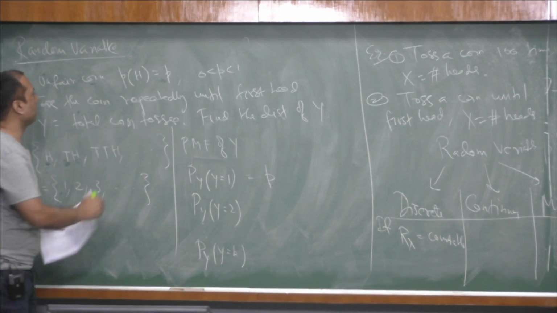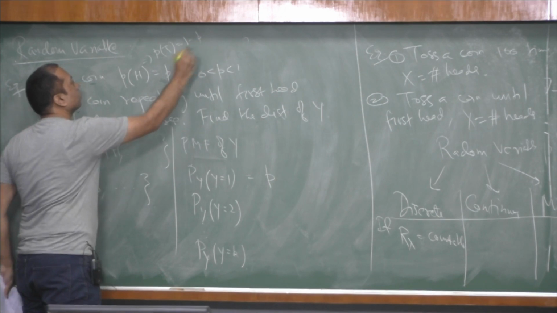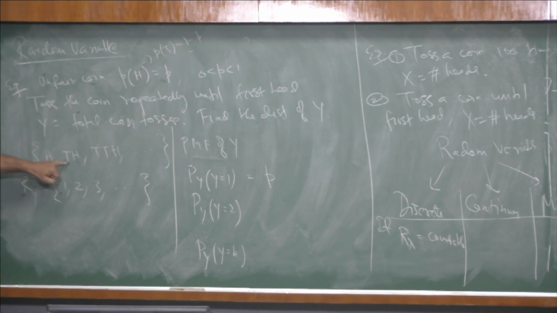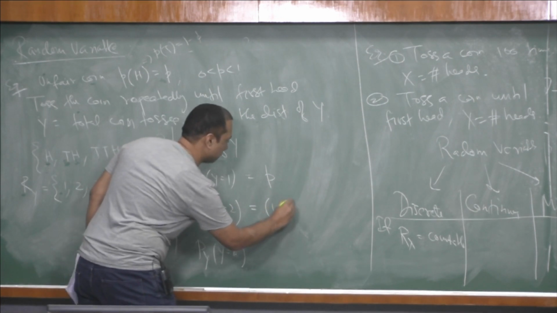So the probability of tail is 1 minus p and the probability of head is p. We use the fact that coin tosses are independent, so the product comes here.